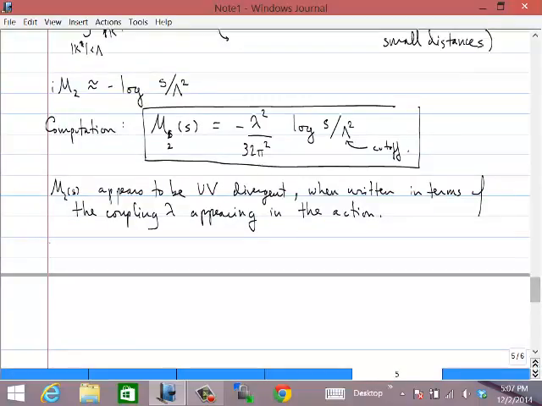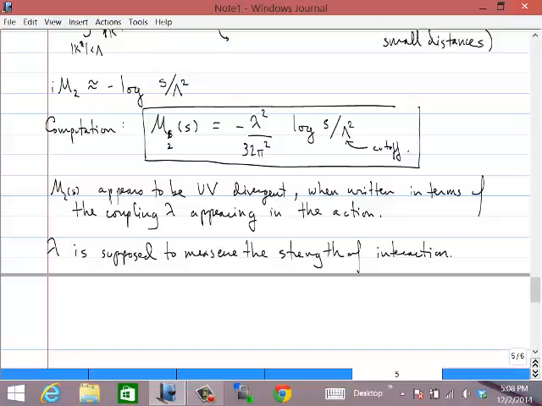Well, lambda is supposed to measure the strength of the interaction in the theory. So if you send two phi particles in and you allow them to scatter off of one another, then lambda is the number that's supposed to measure that strength.